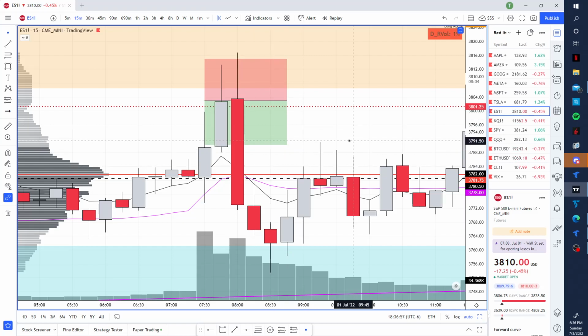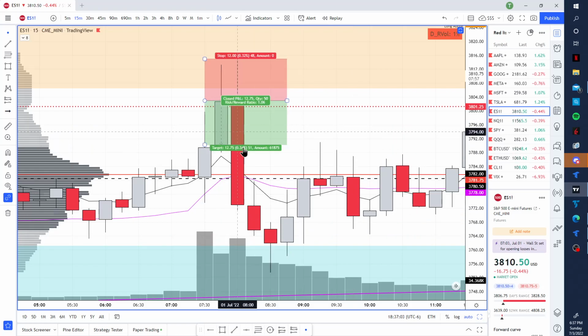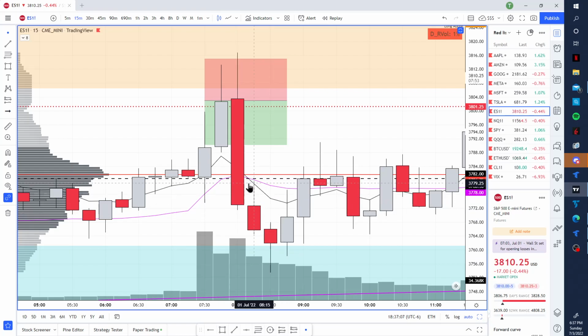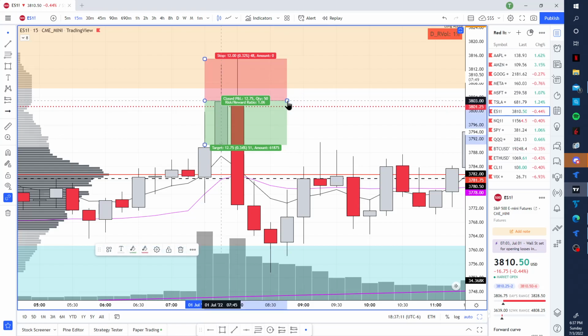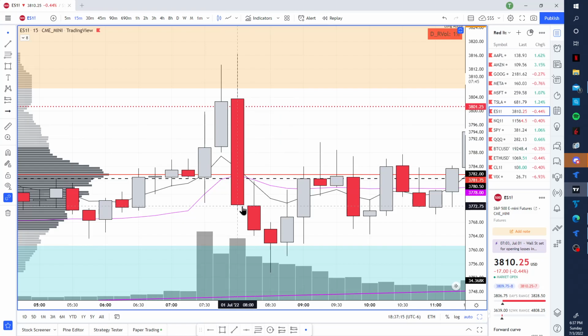That's why I ended up going short on it, because it was so strong with the volume. I was thinking this is going to go down at least 10 more points for a scalp versus coming back up. Did you go short on the close of this candle? I went short right here.